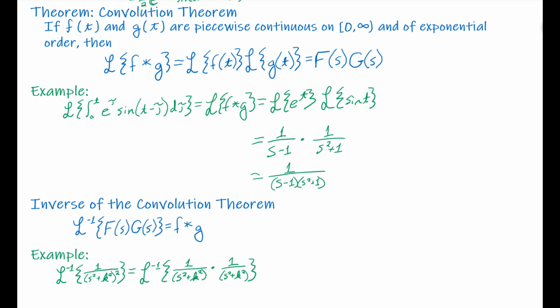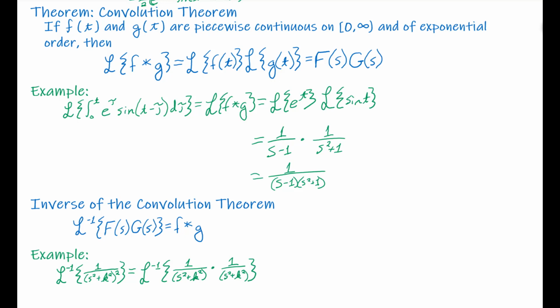And I could look at it and say, well, 1 over s squared plus k squared, does that look familiar as something I know that it's the Laplace transform for? Again, kind of. s squared plus k squared, I recognize that, and not having an s in the numerator was okay, but it had to have a k in the numerator if it didn't have an s.